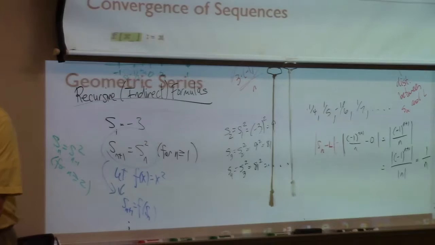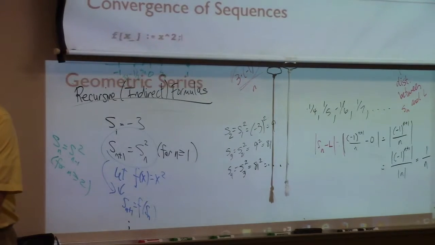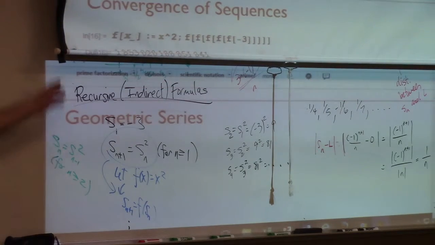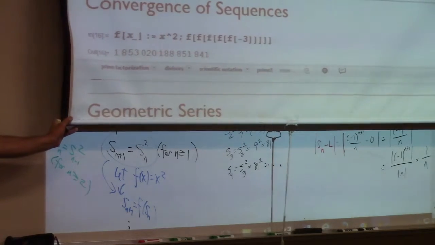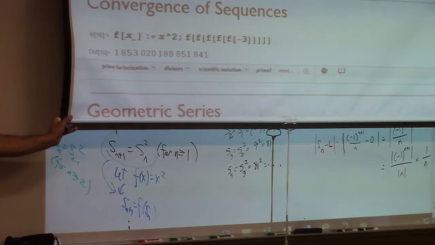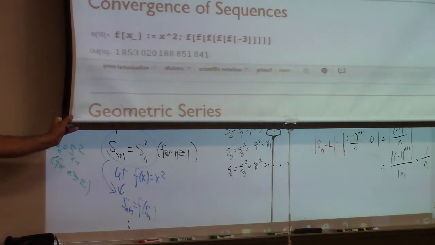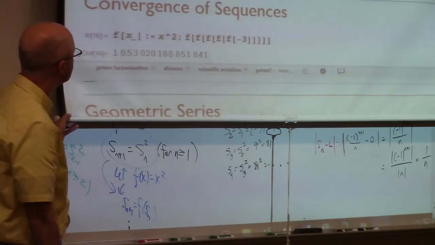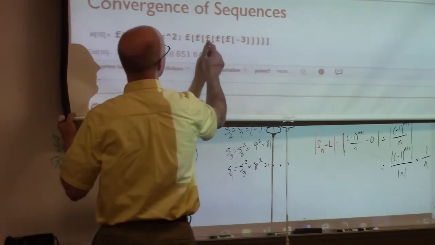And it turns out the best way to do that in Mathematica is not to go f of f of f of f of f of negative 3, though you could. That's in the quadrillions, right? 1.853 quadrillion after applying the x squared function 5 times. 1, 2, 3, 4, 5.